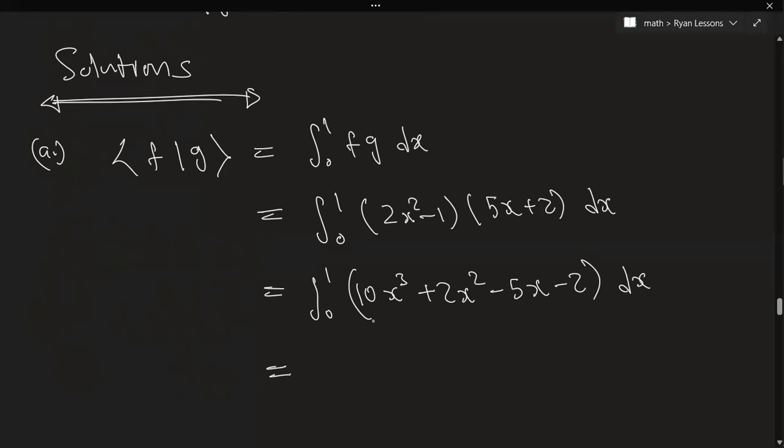So what do we get when we integrate that? Increase the power by 1 and divide by the new power. We have 10 over 4, which simplifies to 5 over 2, x to the 4. Then here we have... Sorry, sir, shouldn't it be 4x squared? Oh, okay, 4x squared, sorry.